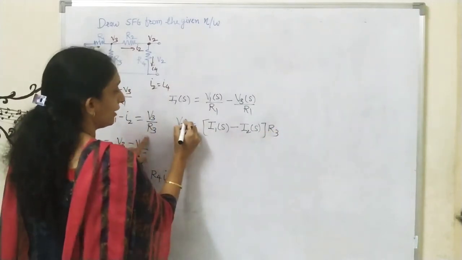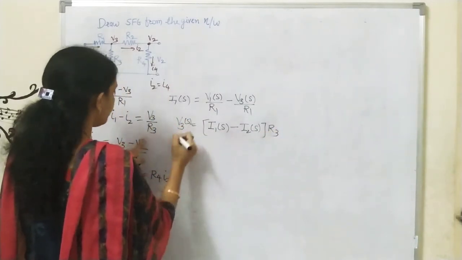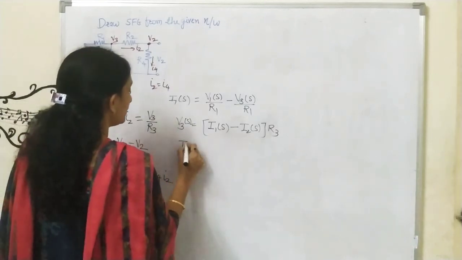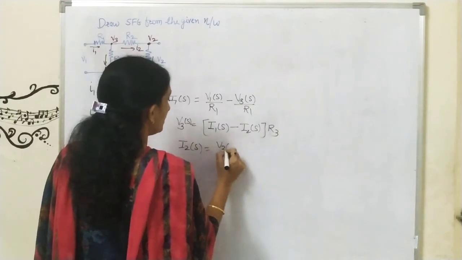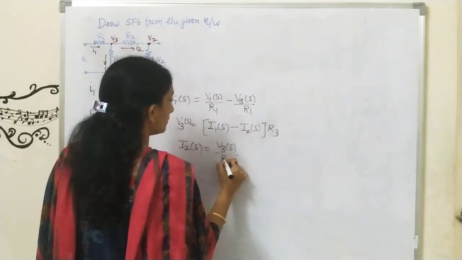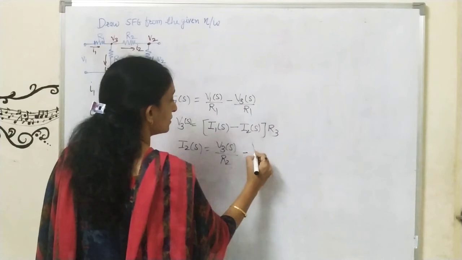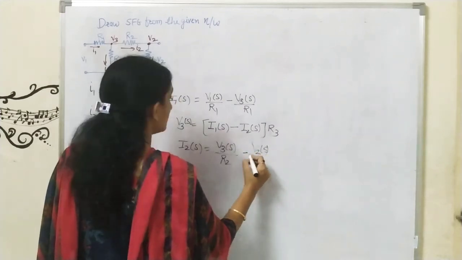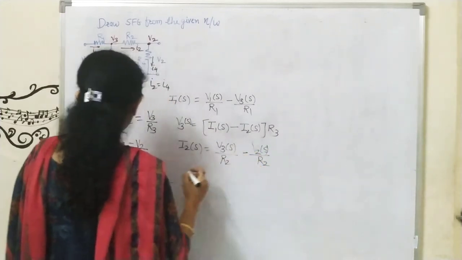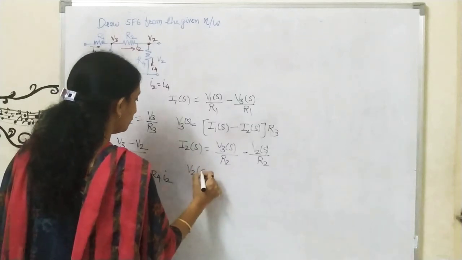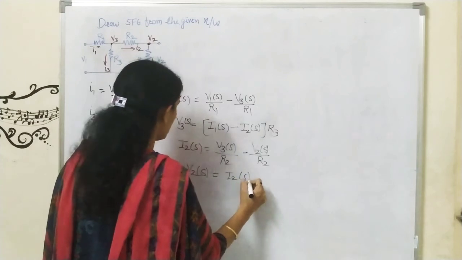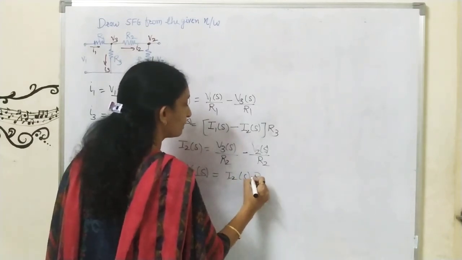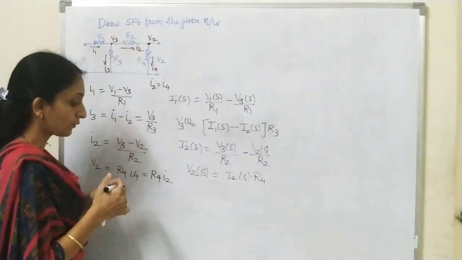Next, I2 of S is equal to V3 of S upon R2 minus V2 of S upon R2. And V2 of S is equal to I2 of S into R4. So these are our equations.